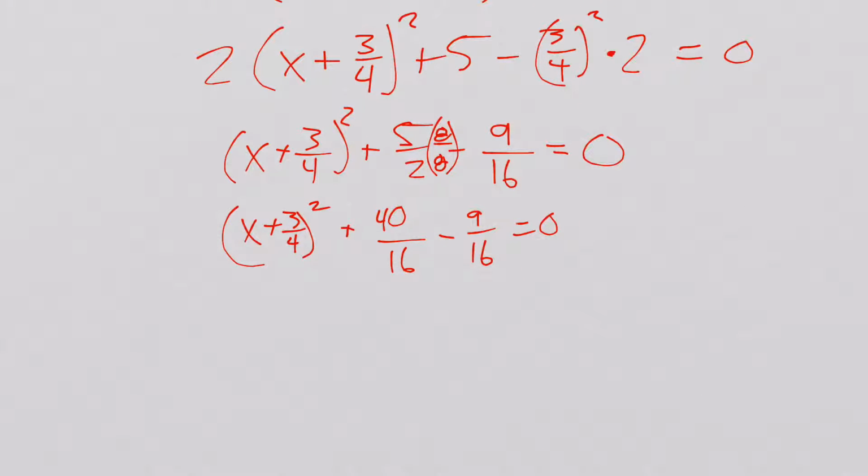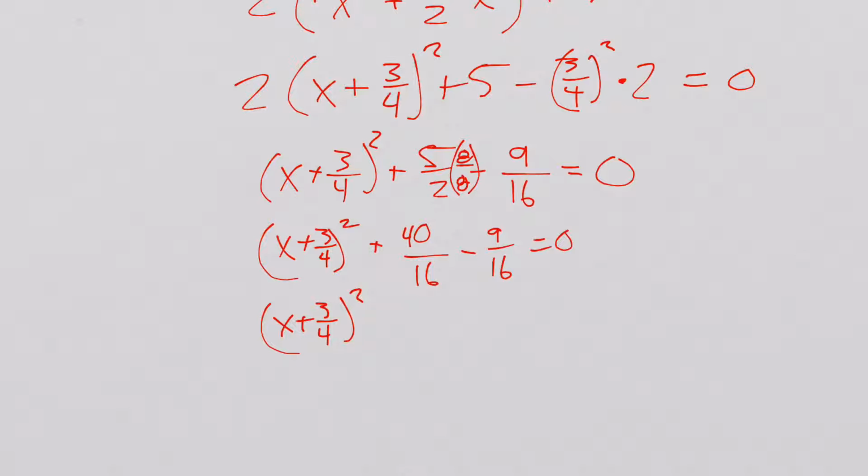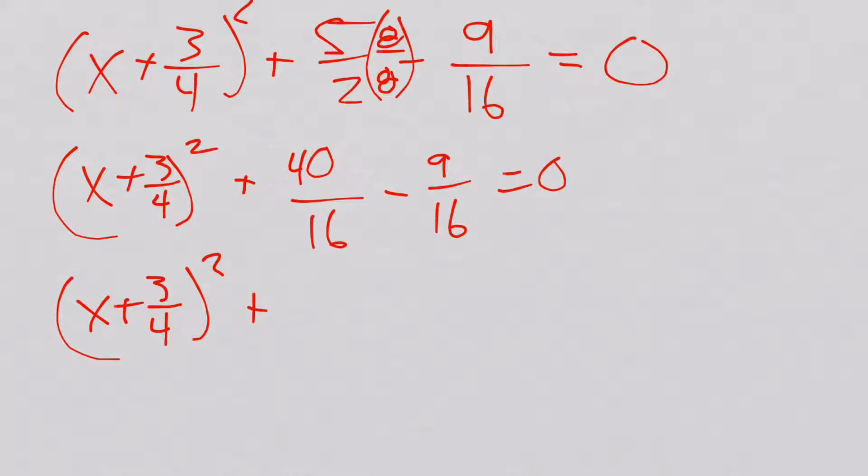So let's keep going. X plus 3 over 4 squared, plus, common denominator means I can now combine the numerators. 40 minus 9 is 31 over 16 equals 0.